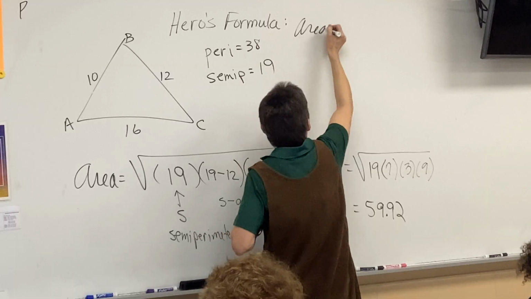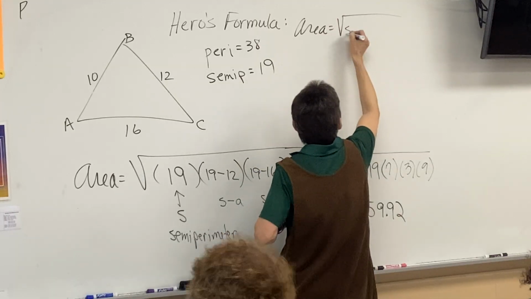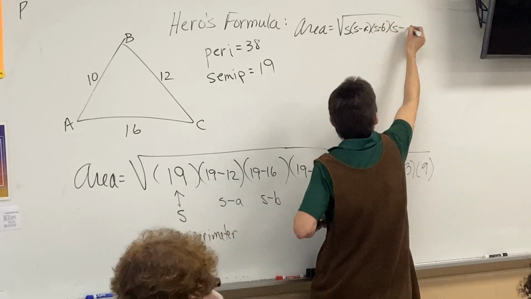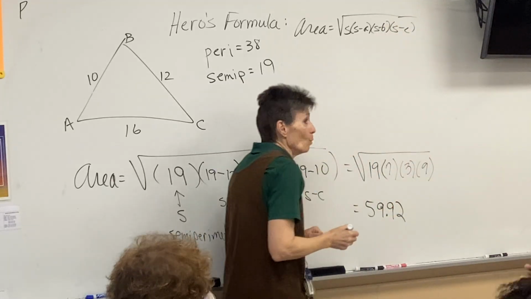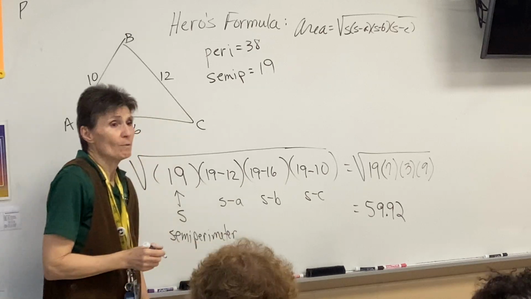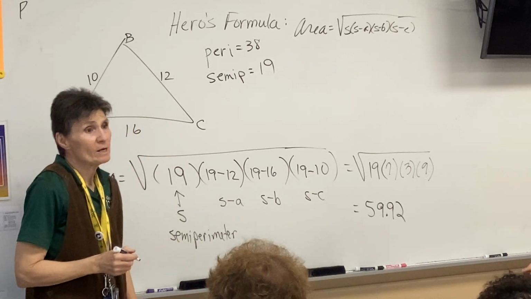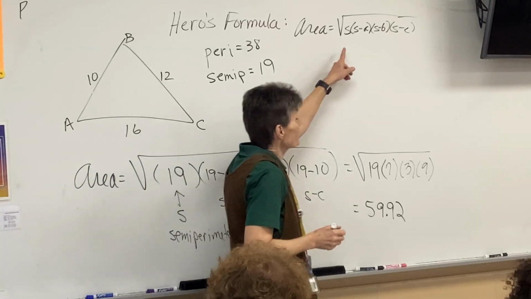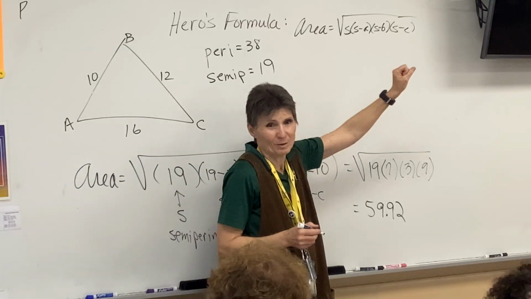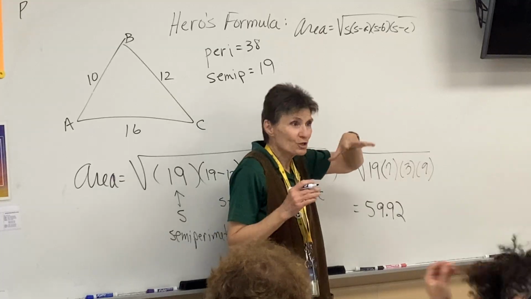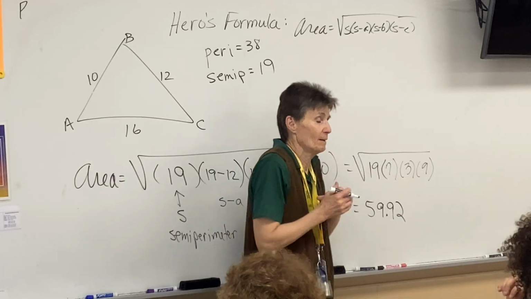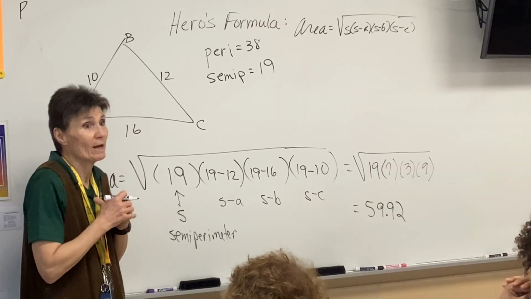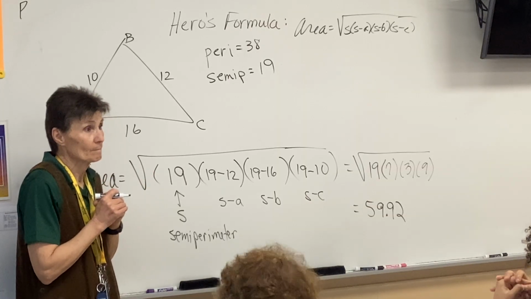It says that the area of a triangle is the square root of S times S minus A, S minus B, S minus C. We only use Hero's formula if we know all the sides, because otherwise you can't find the perimeter. So we're not going to do Hero for every problem. But if we have all 3 sides, it is the fastest, easiest way to find the area.